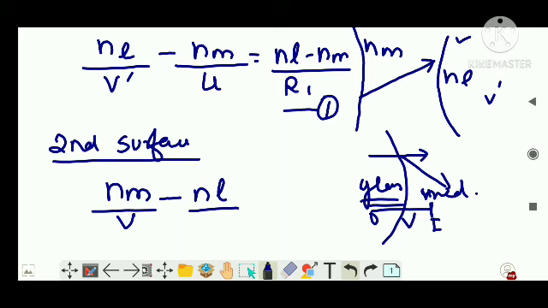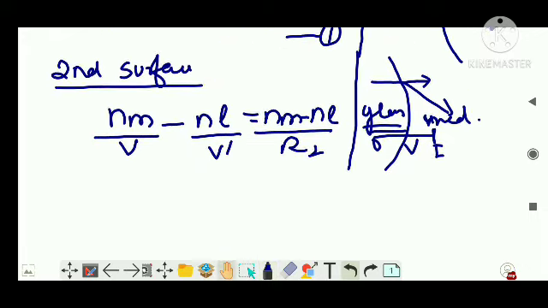And what should I write for the object distance? I just told you the image of the first surface became the object for the second surface. So the first surface's image distance V dash becomes the object distance for the second surface. Hence NM by V minus NL by V dash is equal to NM minus NL by R2. That is for the second surface.